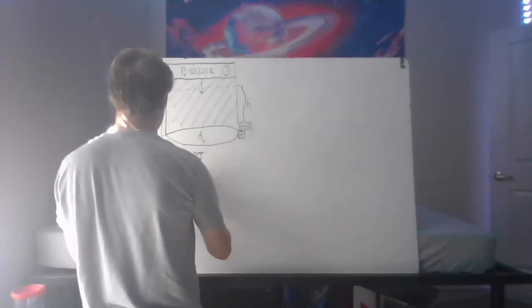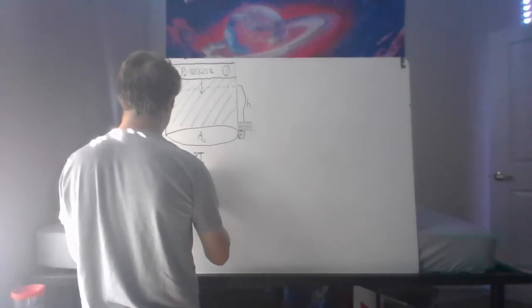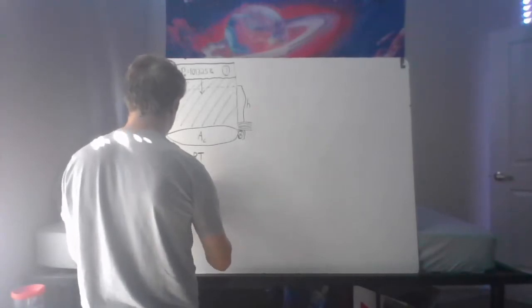Then we can get that n is equal to P naught V naught over RT.